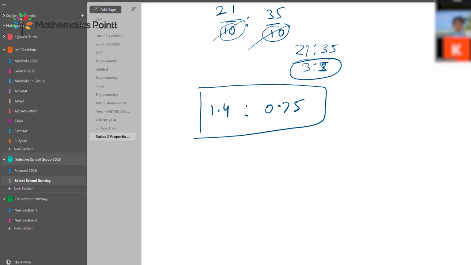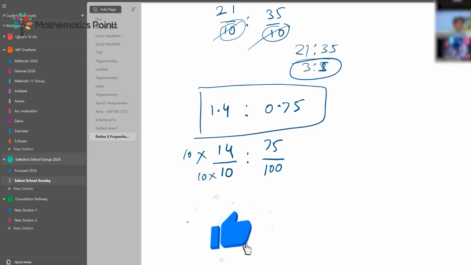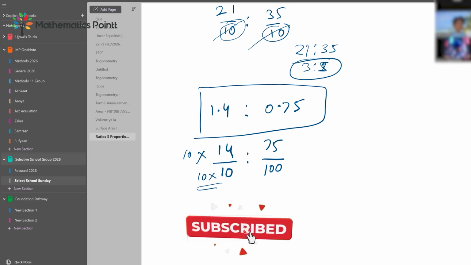Now, how did we do it? Easy peasy. My way of doing it, probably, I convert the decimal to a fraction first. So this becomes 75/100. And then I multiply this by 10, and this by 10. Why? Because I want to make the denominator the same.